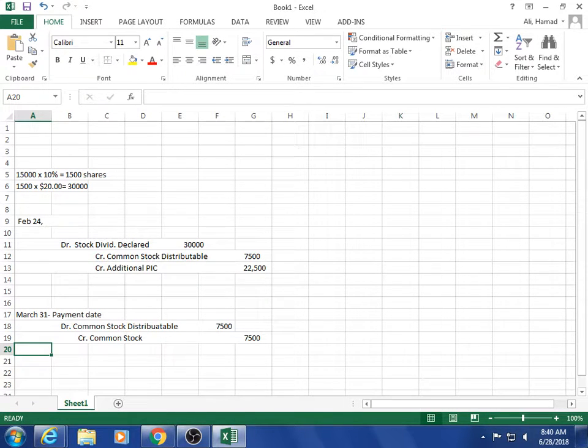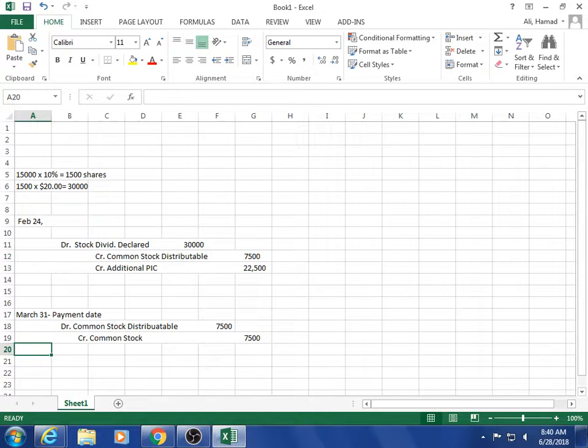All right. So now they are officially extra shares, and they're going to go into which section of stockholders' equity? They're going to go to contributed capital. So the contributed capital is going to increase a little bit.